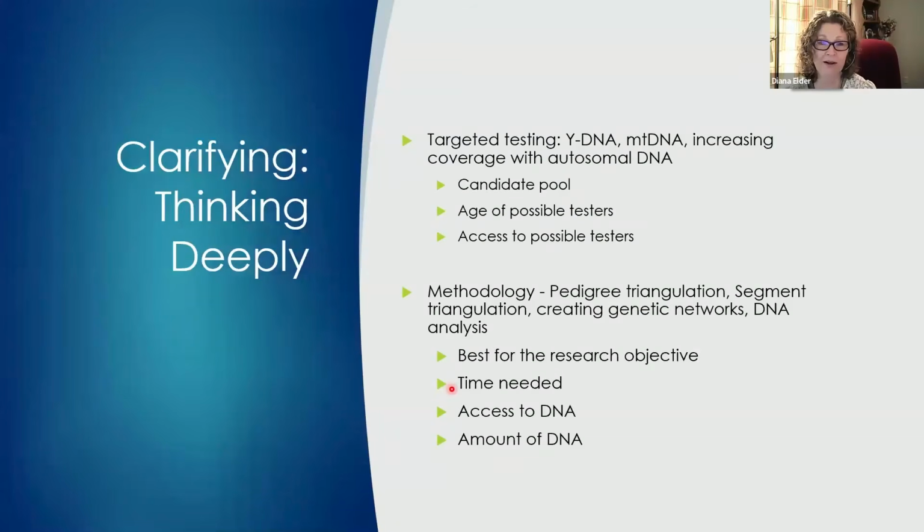Now, also part of thinking deeply is this idea of targeted testing. And do you want to try to find a Y-DNA, a mitochondrial DNA test taker? Do you need more autosomal DNA coverage? So then again, think about the candidate pool. So are you trying to find Y-DNA and the ancestor had one son who had one son?